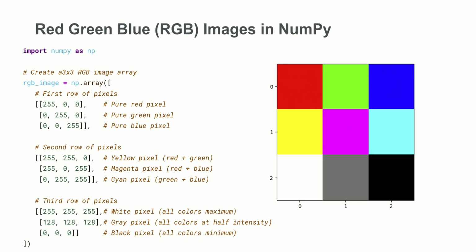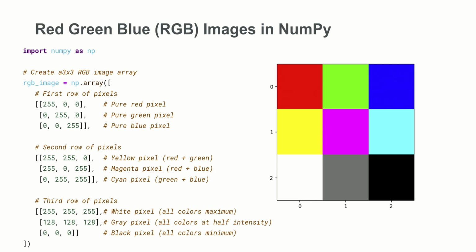You see how red, green, and blue are represented as this little tensor, and this is the first row of pixels. Then we have the second row where we have a yellow pixel, a magenta pixel, and a cyan pixel, and then we have white, gray, and black pixels. And you see the intensities that correspond to this.